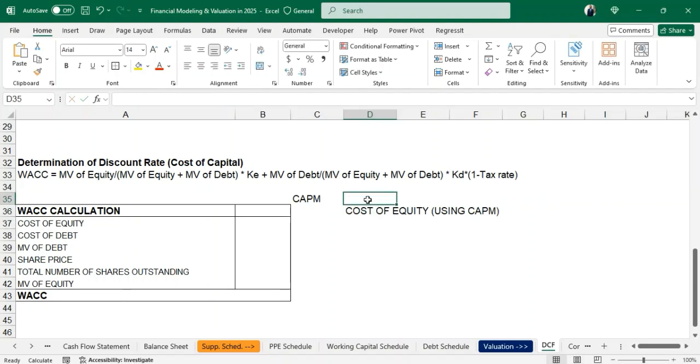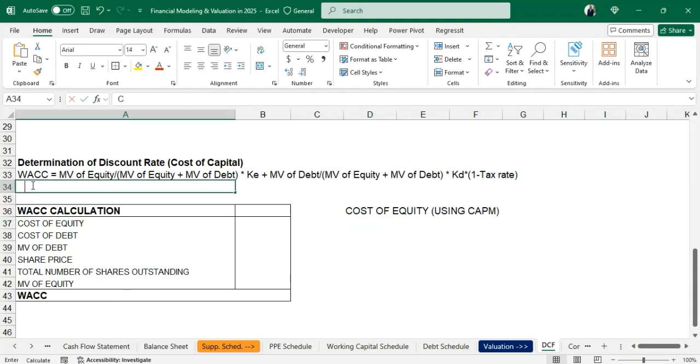So I can delete this and also delete this. Okay, so when it comes to the CAPM, it also has a formula. So let me put my CAPM formula here as well.